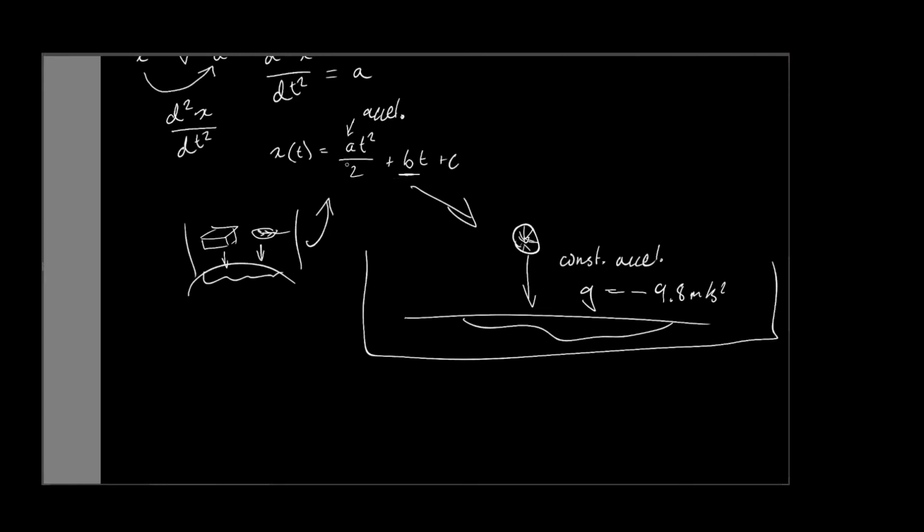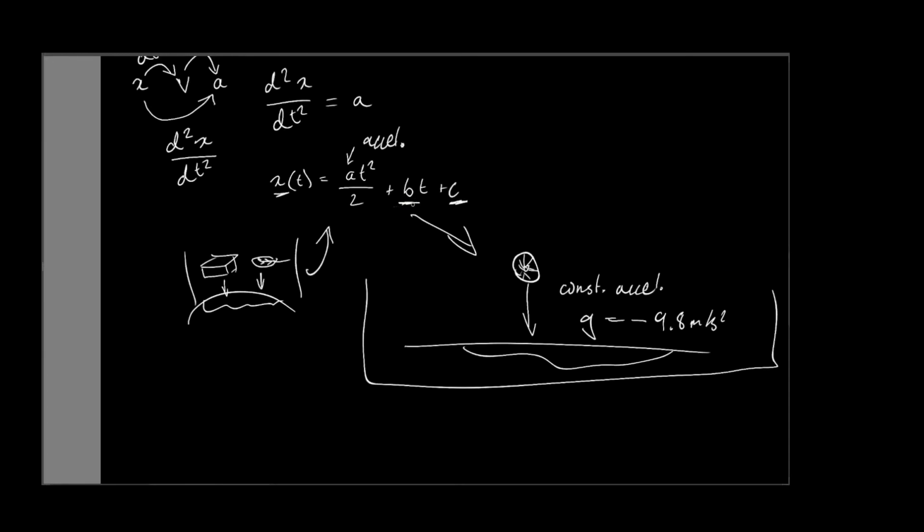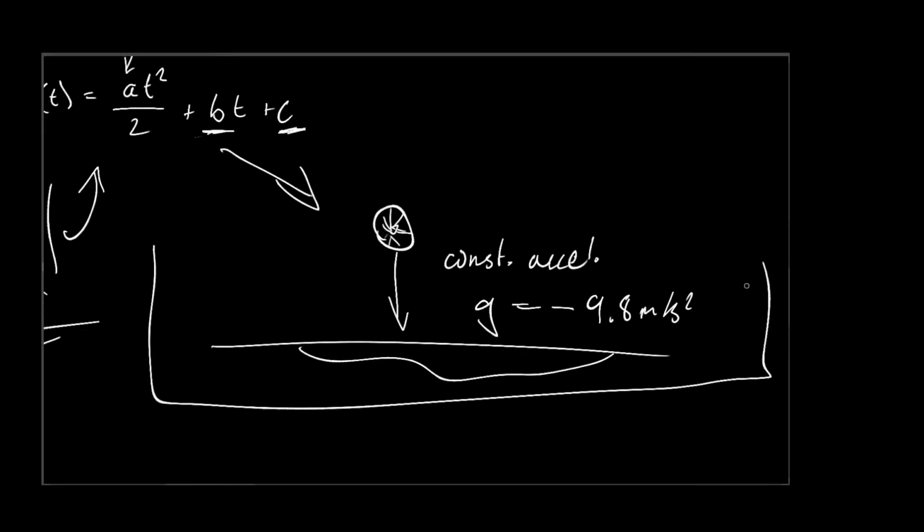Because we know x, which is position, we know a, which is acceleration, but we have no idea what b and c are. And without this link between this mathematical formula and a situation in real life, we wouldn't have ever been able to tell what b and c are.